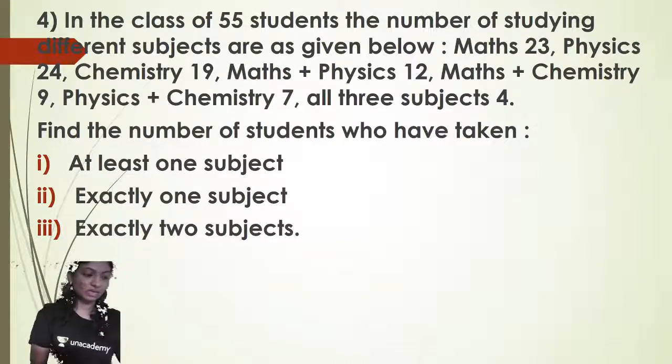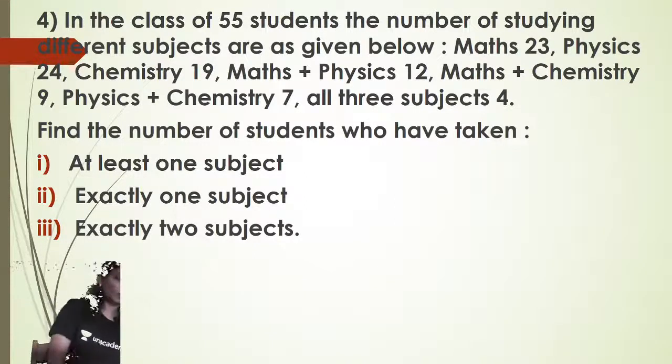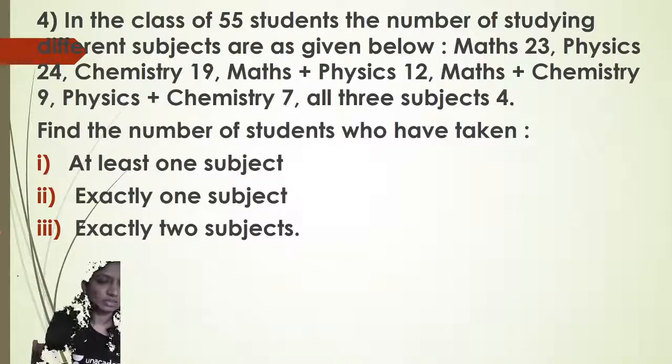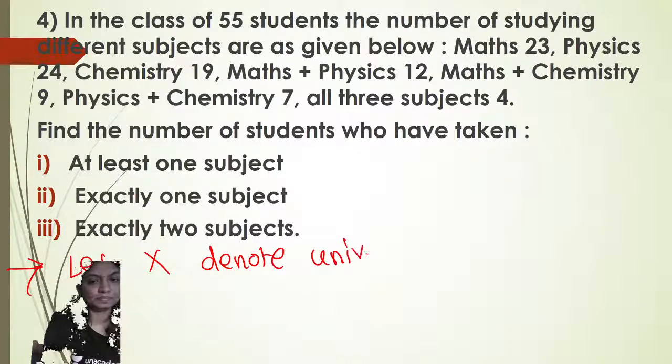Okay, so that also we will calculate by using the Venn diagram and with the help of the principle of inclusion and exclusion. So we will calculate first. Let M denote the set of students studying mathematics. Let X denote the universal set.